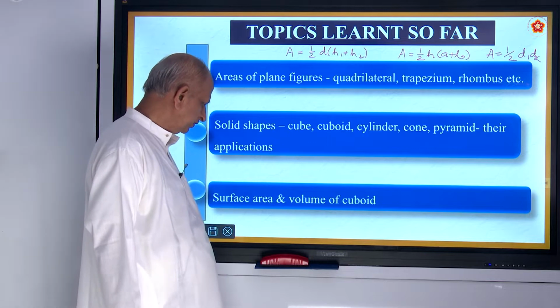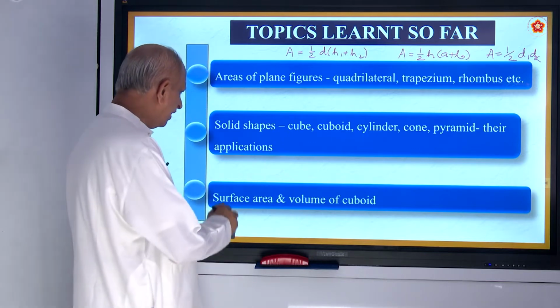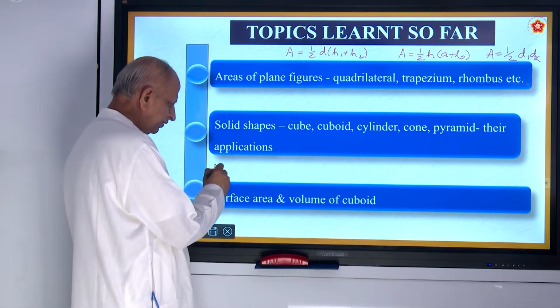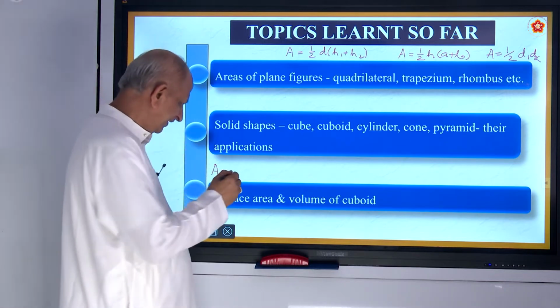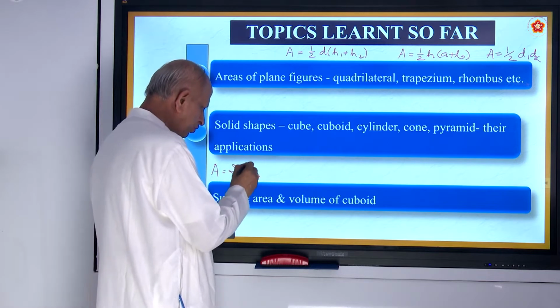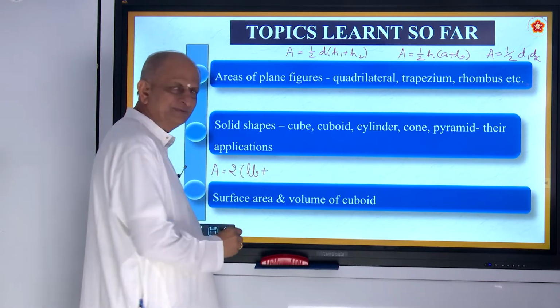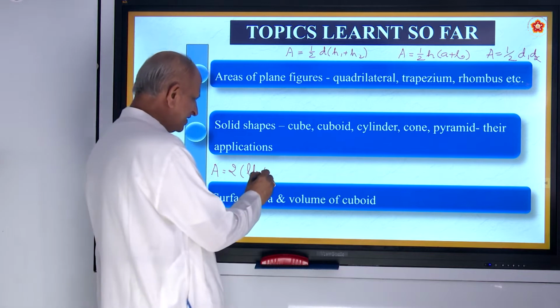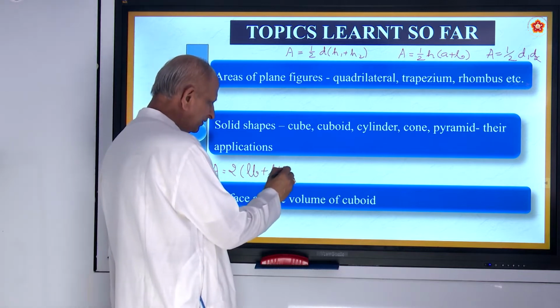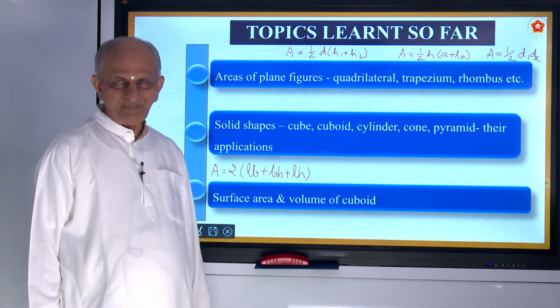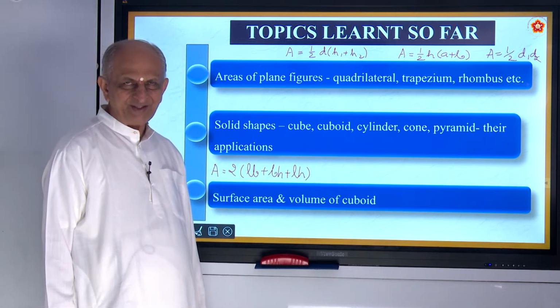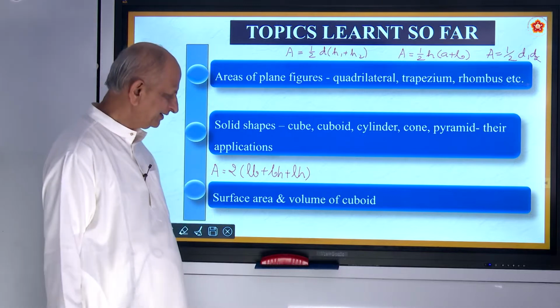Already we have seen about surface area of cuboid. Anybody know the formula? Come on. Yes, 2 into LB, then BH, then LH. What is LBH? LBH are the length, breadth and height, correct.